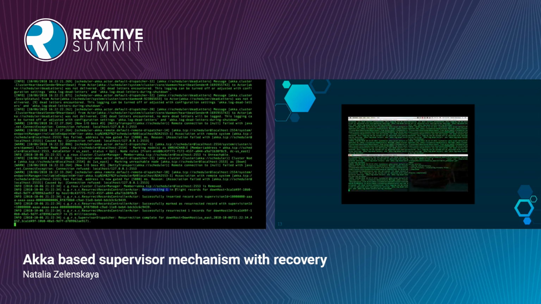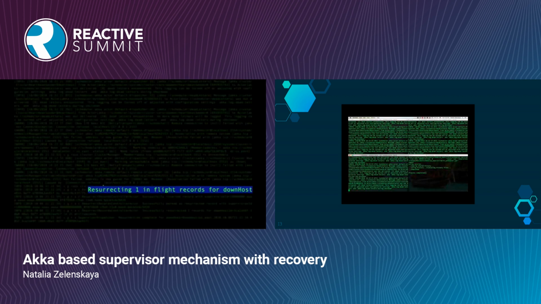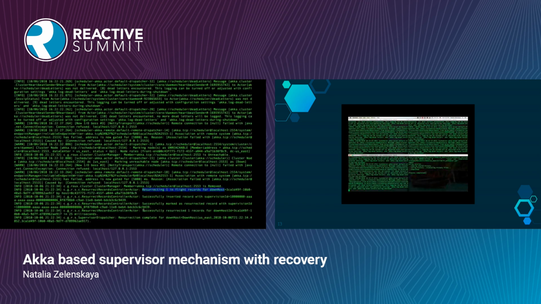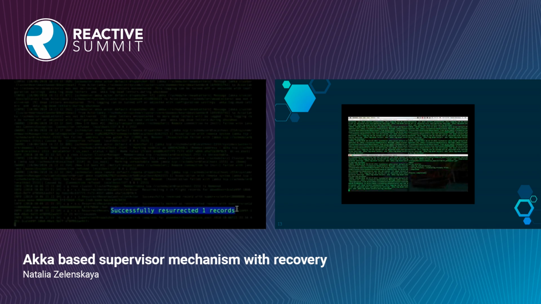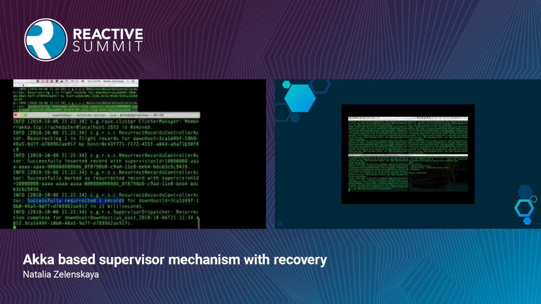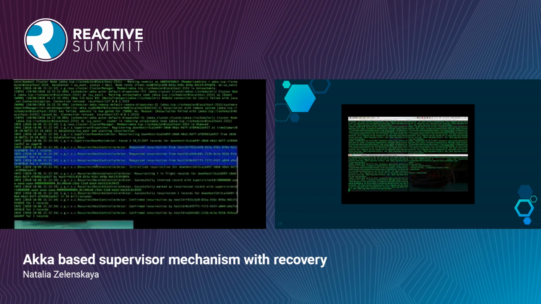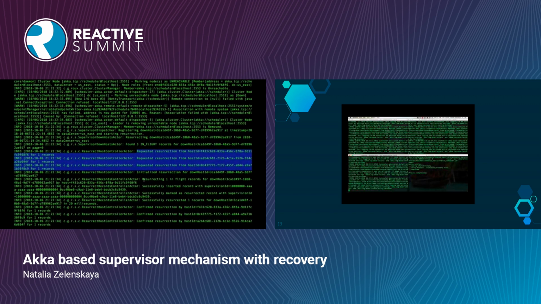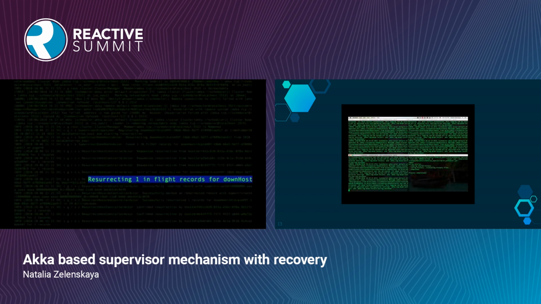Same for node number 4. So it received a request for a single in-flight record from failed node number 3. And it successfully resurrected it, which means, again, we updated the recovery points and recreated the state in memory. So the leader is well participating in recovery, so we can see exactly the same logs for the leader node.